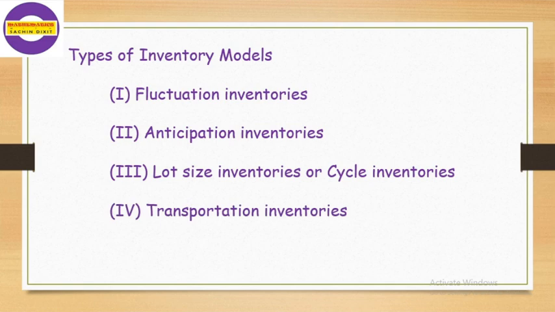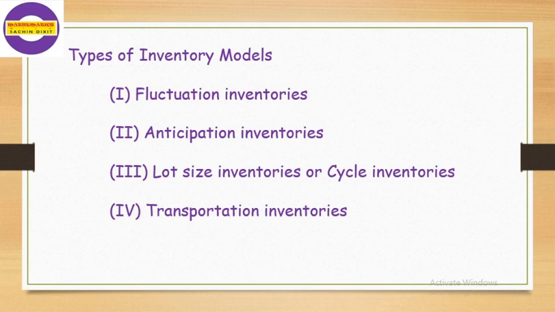Next, transportation inventories. Such inventories exist because the materials are required to move from one place to another place. When the transportation time is long, the items under transport cannot be served to customers.